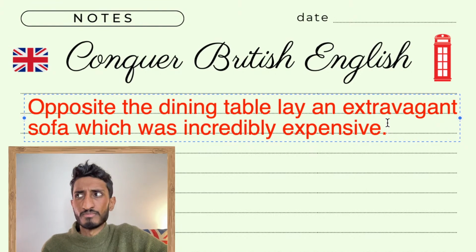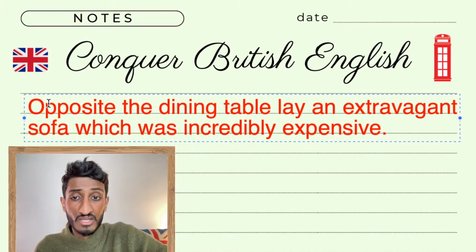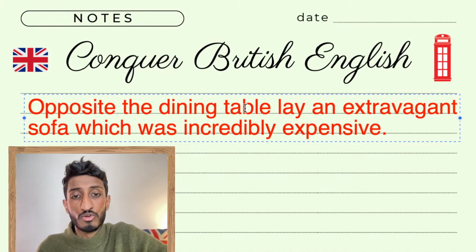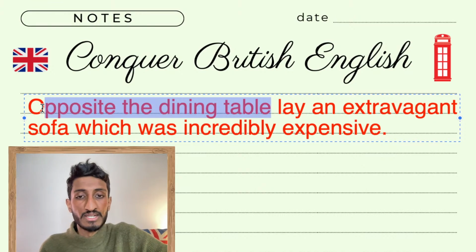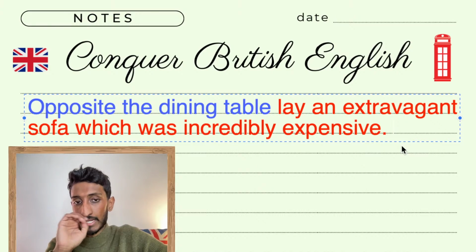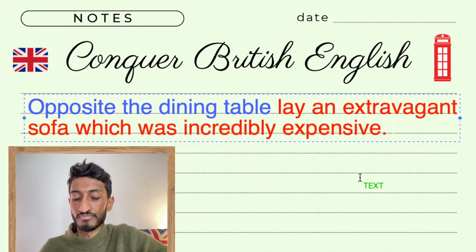So which one would be the prepositional phrase? So we talked about this one being the preposition. Well, the whole phrase is opposite the dining table, right? Because it's the phrase of where it is opposite. So opposite the dining table, this would be a prepositional phrase. I hope that makes sense. Also, when you have prepositional phrases, you can also say next to the computer, comma, right?